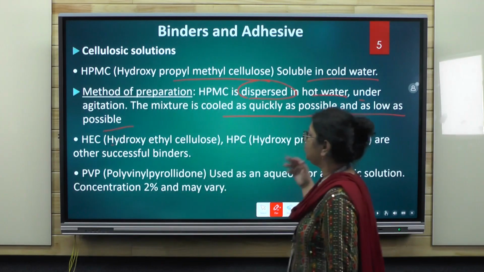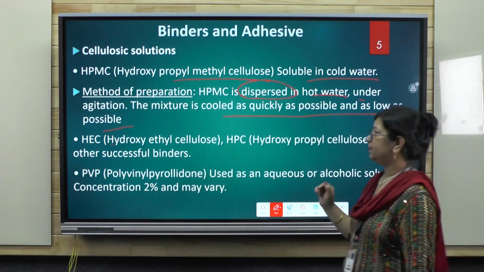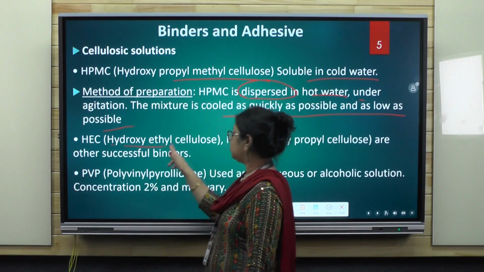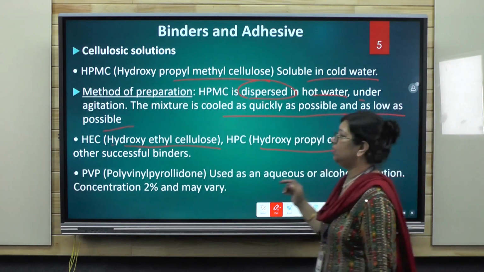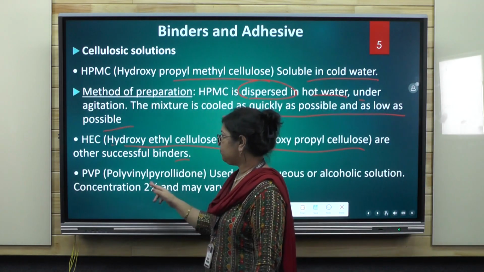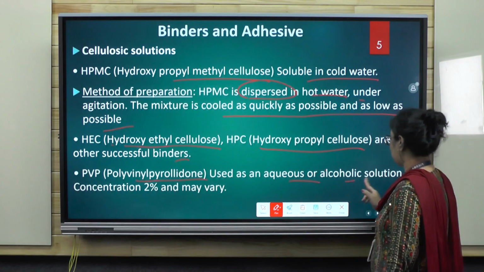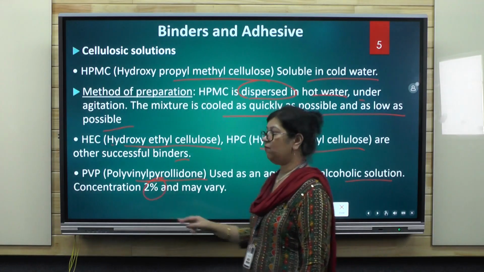That means it has to be cooled down quickly and to the lowest possible temperature. And second one is HEC, hydroxyethyl cellulose. Hydroxypropyl cellulose are other successful binders. PVP, polyvinyl pyrrolidone, is used as an aqueous or alcoholic solution. Concentration is 2% and it may vary.